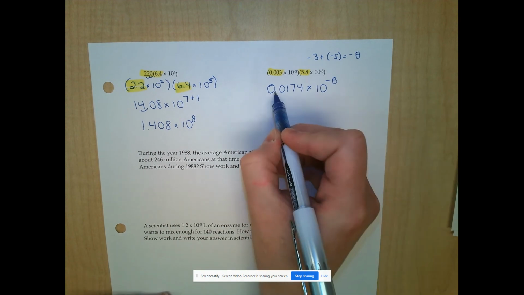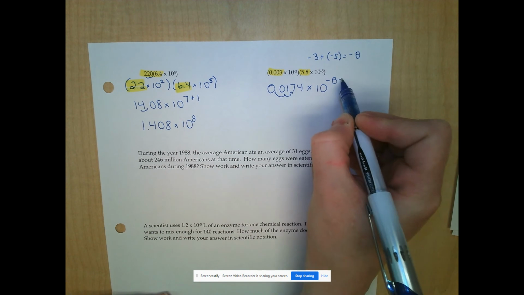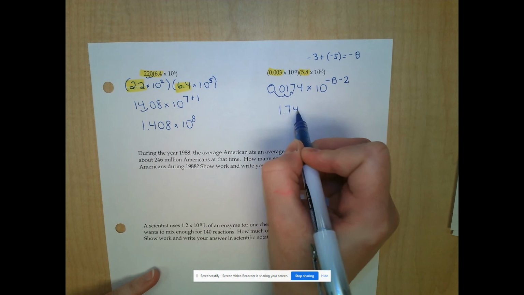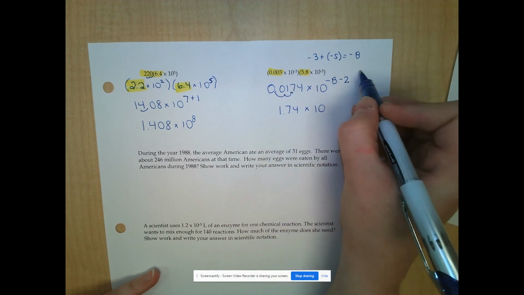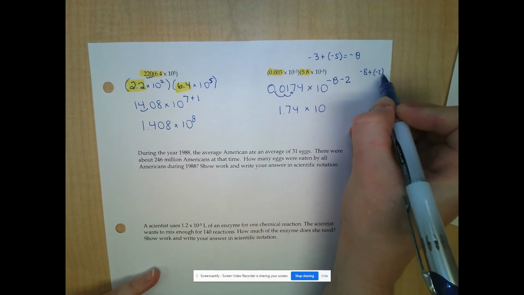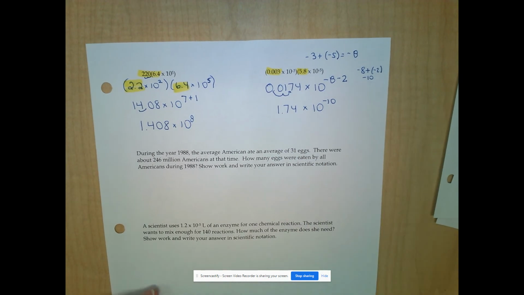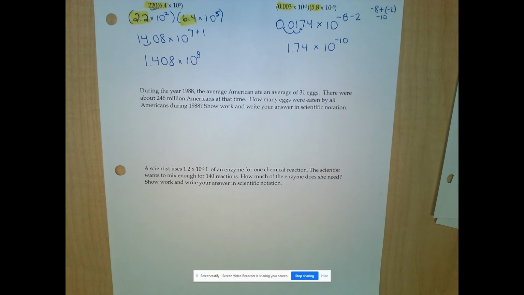This one is very small. I've got to make it 2 powers of 10 larger, meaning I have to make my exponent 2 powers of 10 smaller. So 1.74 times 10 to the negative 8, take away 2, or negative 8 plus negative 2, is going to be 10 to the negative 10. Again, integer operations, being able to add and subtract integers, very important.